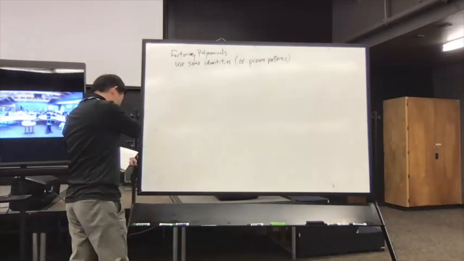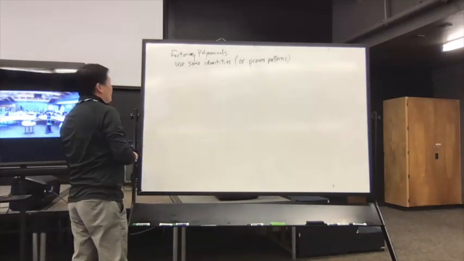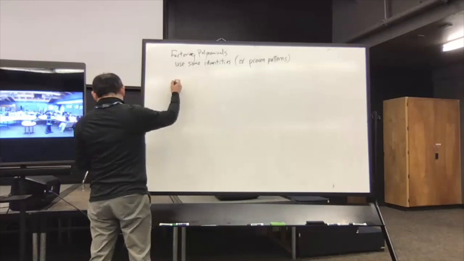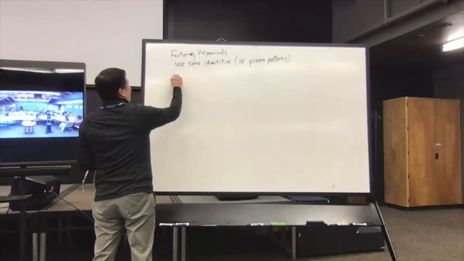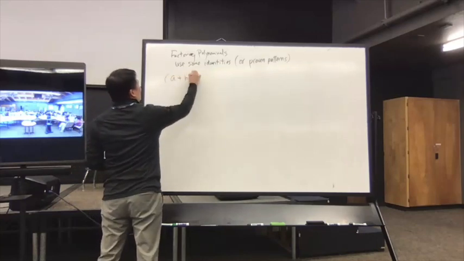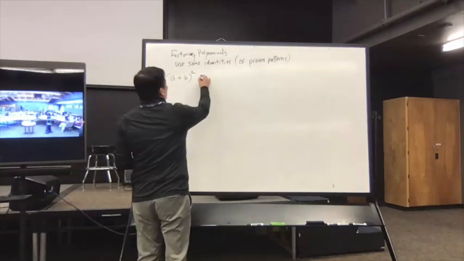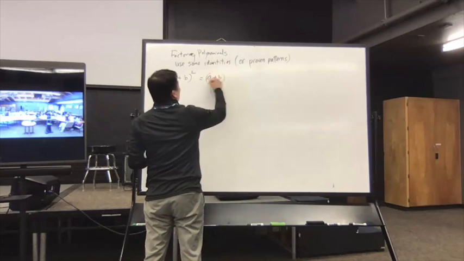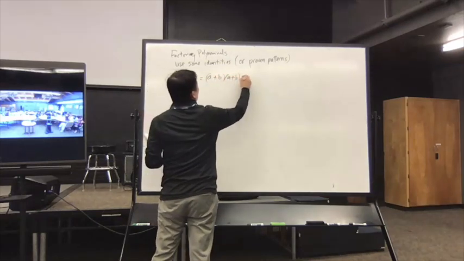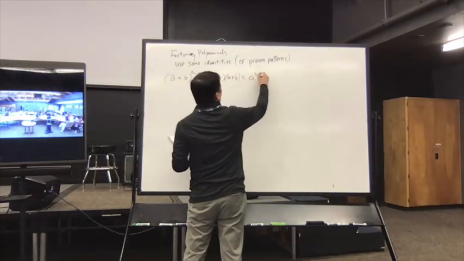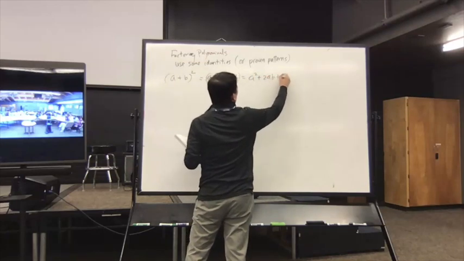So the first proven pattern is this one. A plus B squared. Now A plus B squared is A plus B times A plus B. You multiply this out, you get A squared plus 2AB plus B squared.